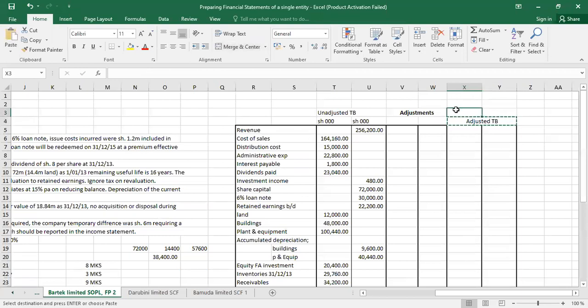So I'll put it here. So this is the debit adjustment. Sorry for the spelling, and this is the credit adjustment. Control C, Control V to copy and paste. And remember, the figures are in thousands, isn't it? You can see the figures are in thousands.